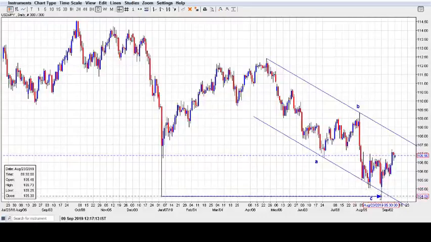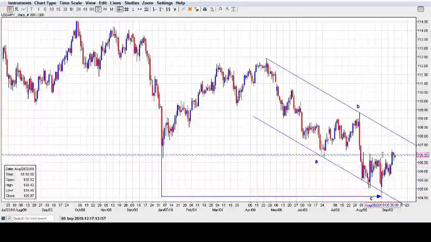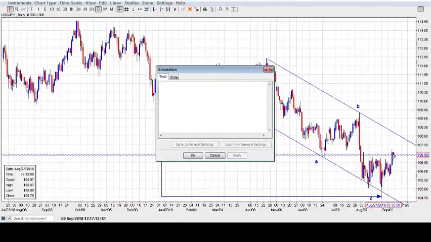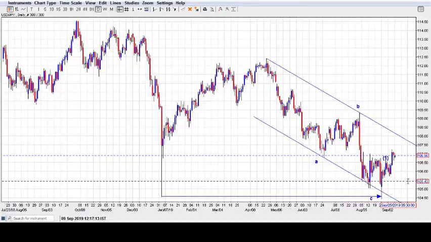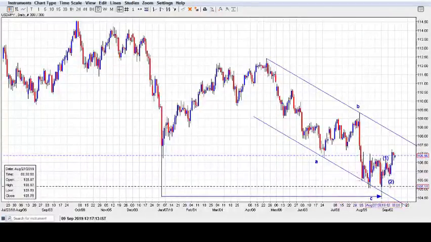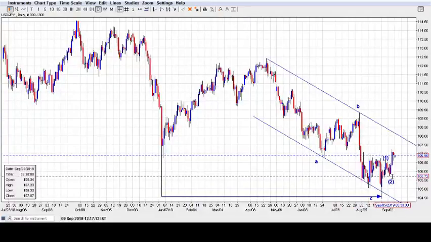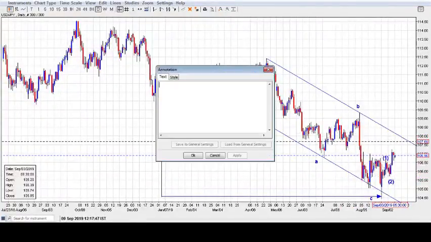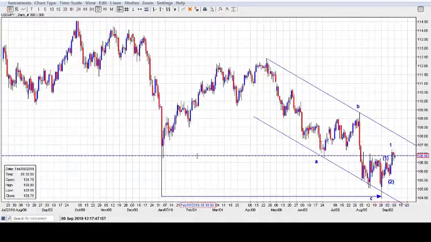So on the daily chart, it looks like a wave one, and then a potential wave two drop at 105.70, 80. This could be wave one of three actually.